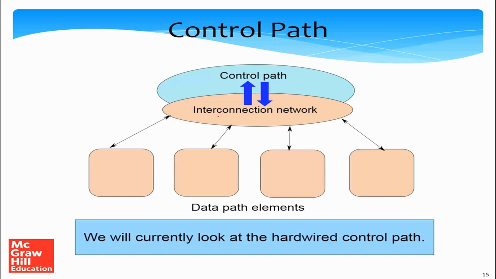So in a sense, the control path can be modified and controlled. We'll take a look at that later, but let's take a look at this approach, which is by far more common, which is to have a hardwired control path, which means that once the chip has been designed and fabricated, the control path cannot be changed. So it cannot be reprogrammed.